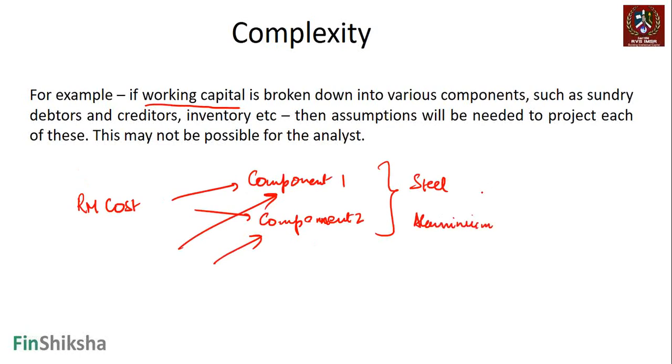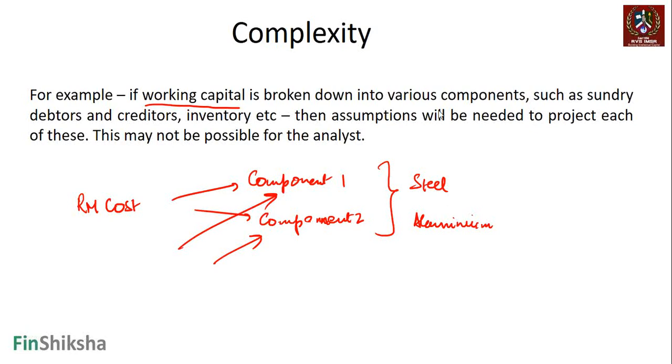Now I need to have a view on steel, I need to have a view on aluminum if I am going to really project those two separately. Otherwise, it's just additional mathematics to the model, right? It doesn't really add any value. It probably adds to my chances of making a bigger error here. So if I am doing a raw material cost calculation, I only break into individual components if I am sure about being able to project it.